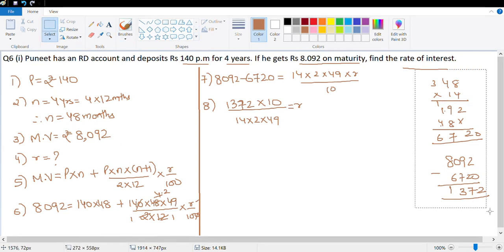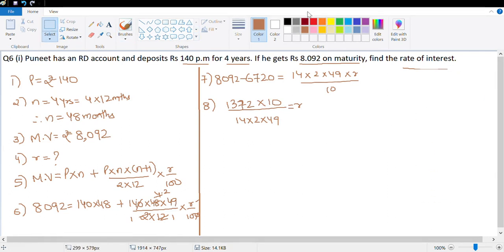Let me just erase what I have written here so that we have some space for rough work. Let's see if this gets divisible by 7. Let's try. So this is 7 into 7, 49, and this is 7 1s are 7. That's 67. 7 nines are 63. 42. That's 7 into 6, 42.